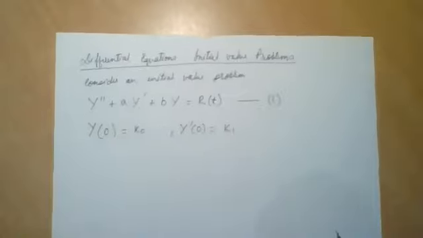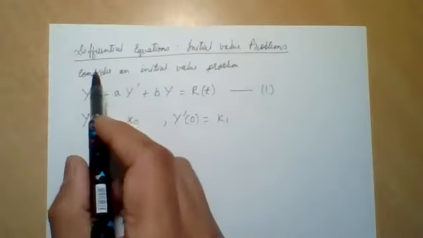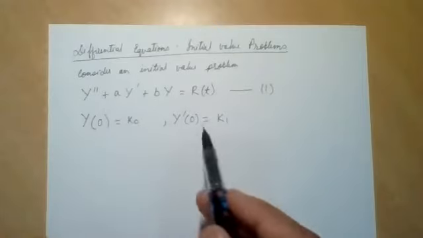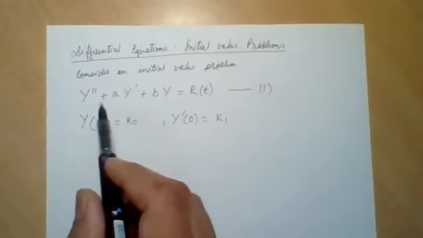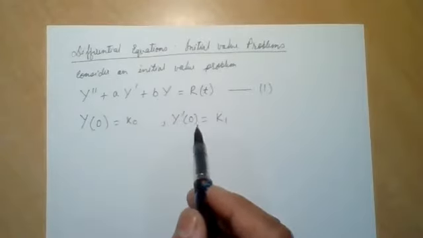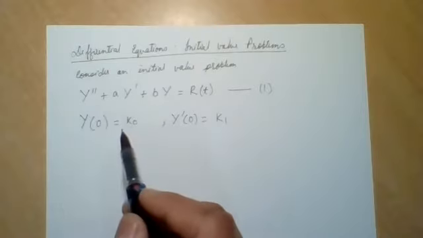So what is an initial value problem? An initial value problem is a differential equation with initial conditions. This is a second order differential equation, and these are the initial conditions. Here y is a function of time.